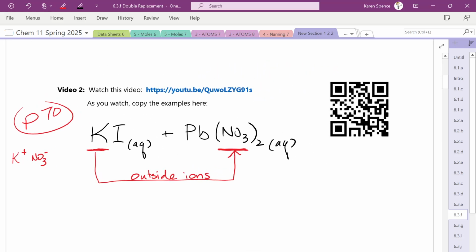So I don't quite have enough room to do it here, so I'm going to show my products down here. Okay, so we have now K NO3. Yeah? And now that you have a blue sheet, you can tell me, is that KNO3 going to be aqueous or is it going to be solid?